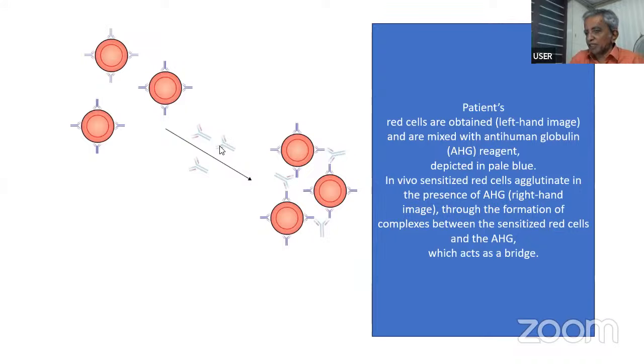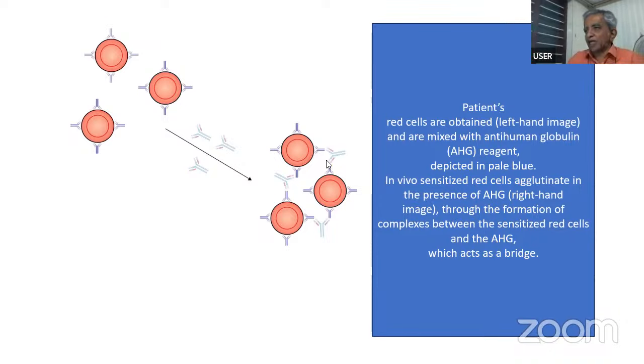After mixing and incubating at a particular temperature, this will form a bridge. It will bridge the antibody of one RBC and the antibody of another RBC. This is the blue antiglobulin we have used.